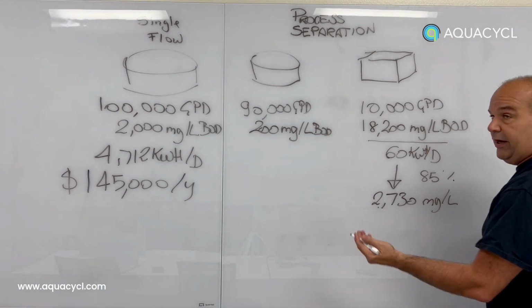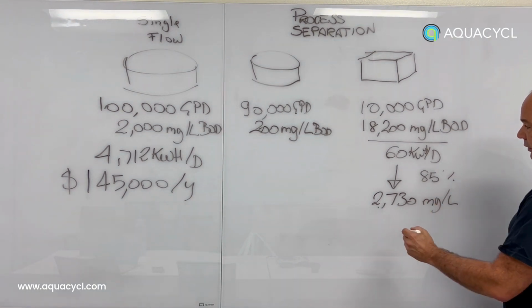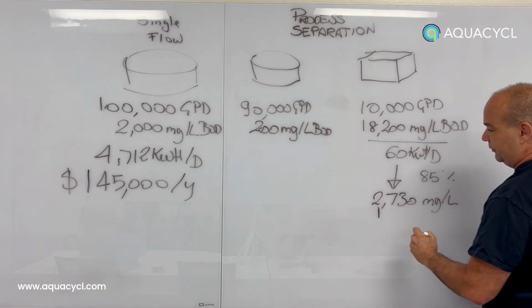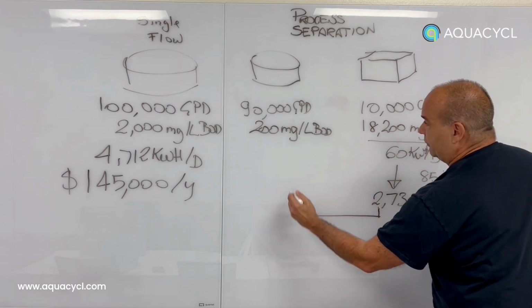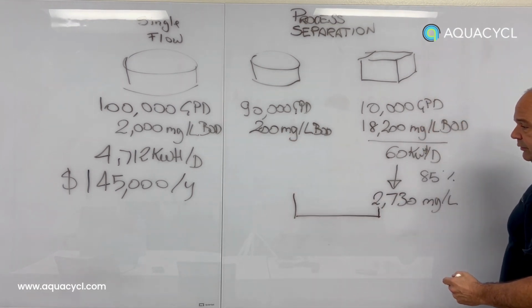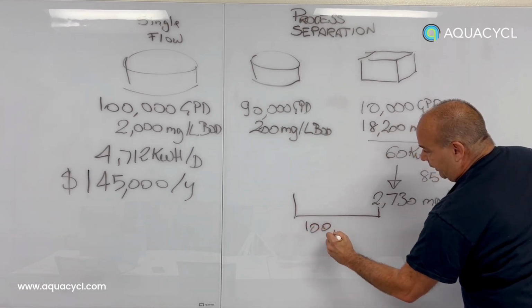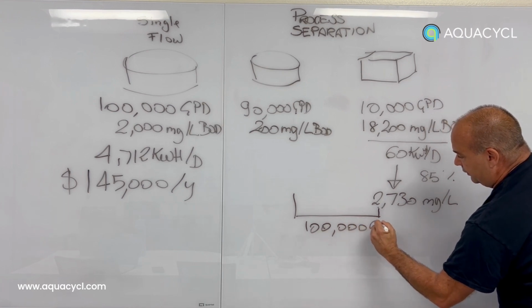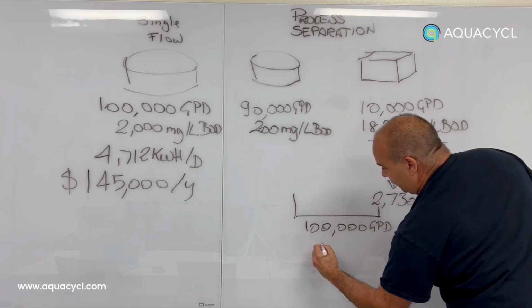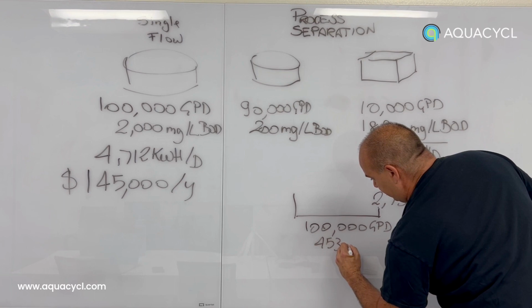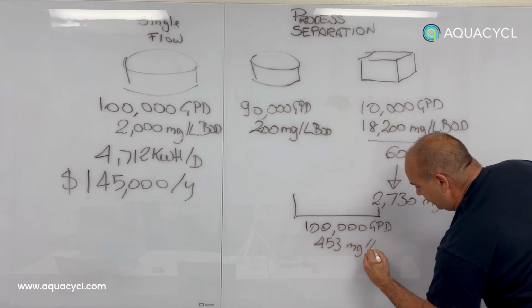We would then combine that flow from our batch system with the remainder of the general flow, and we consequently have back our 100,000 gallons per day at a concentration of 453 milligrams per liter of BOD.